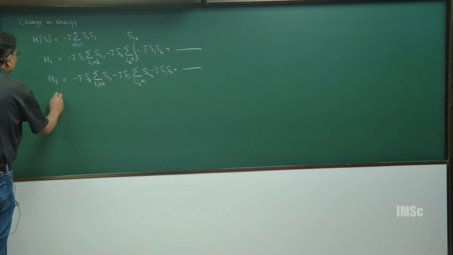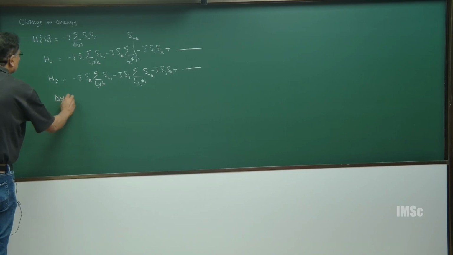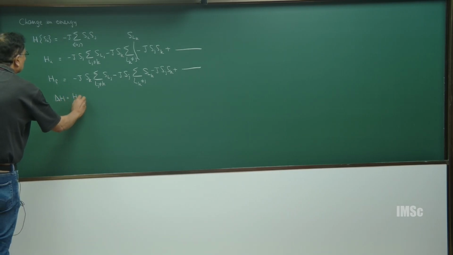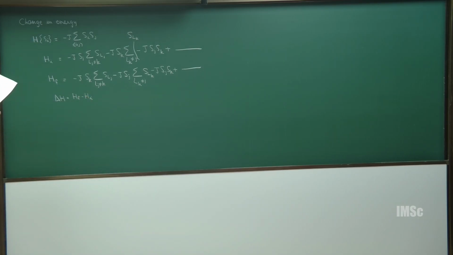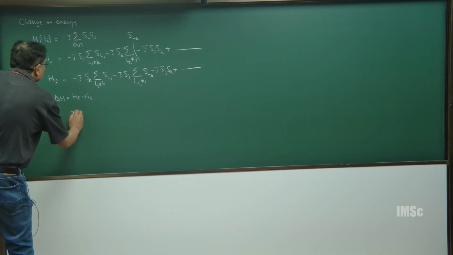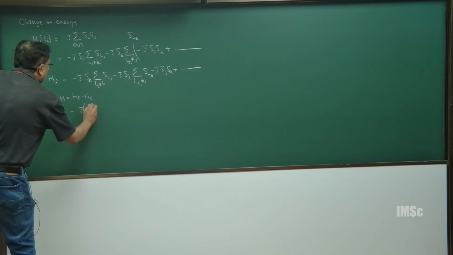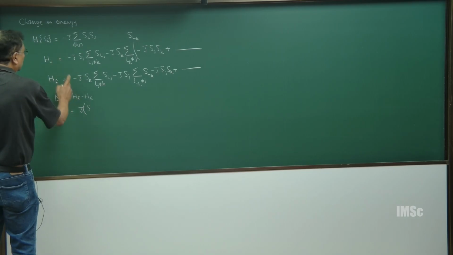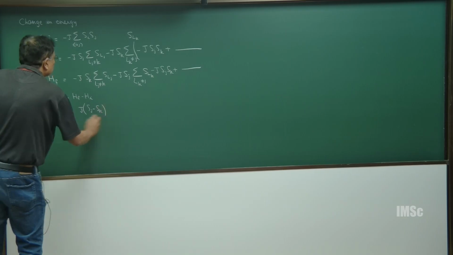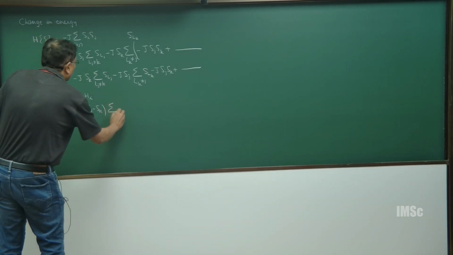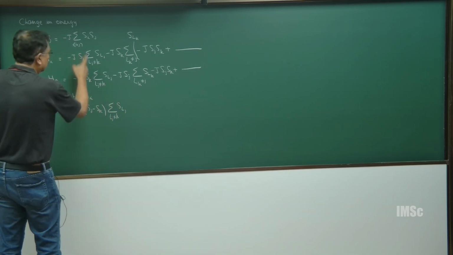Okay, and this gives you the final expression, delta H is equal to H_f minus H_i, and if I just write that expression down, it's J. So I have to subtract this from this. So the first term is S_j minus S_k, sum over l_j not equal to k, S_lj. So that is that term.